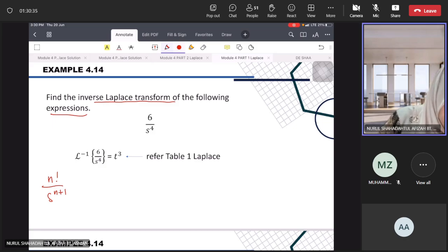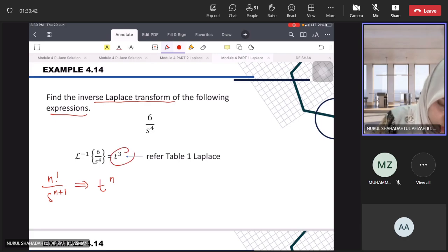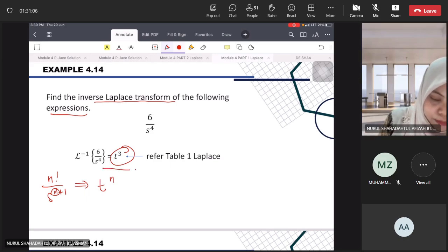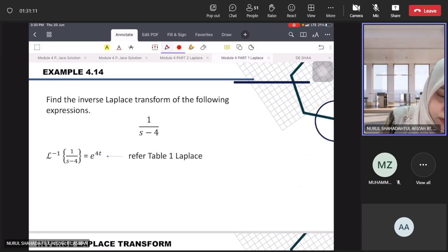Then you will get t equals to 3 because n is 3, plus 1 is still 4. This one also 3. So you get the inverse Laplace of 6 over S to the 4 equals to T cubed. Okay. Same with example 1.4.